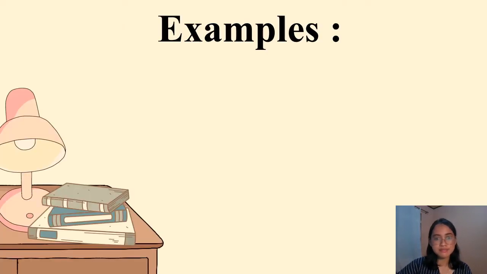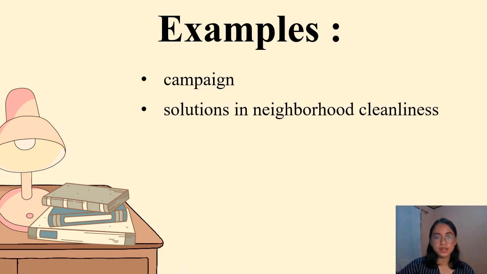Okay? So here are some examples of issues or purposes of writing a position paper. You can write a position paper when you want to have a campaign, support your preferred politician, by writing a position paper supporting your candidate. Number two, you can also present a position in support of a particular solution in a neighborhood, such as cleanliness.